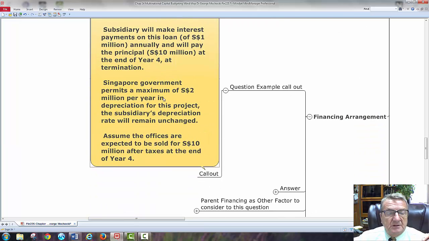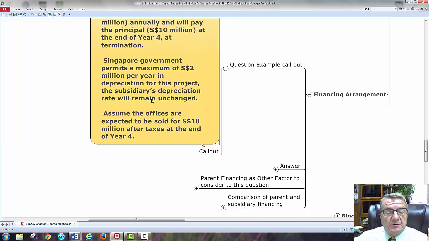Okay. Coming in here and paying them back. The Singapore government permits a maximum of $2 million per year in depreciation for this project. Okay, the subsidiary's depreciation rate will remain unchanged from your accounting. Assume the offices are expected to be sold at $10 million after taxes at year end.